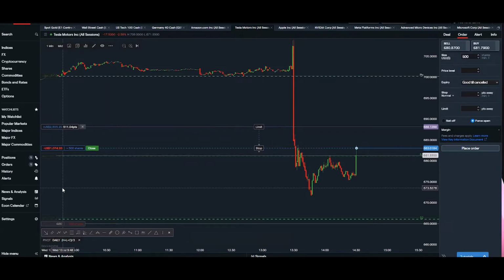So nowhere near as volatile as normal, which is to be expected, to be honest. There's going to be a lot of uncertainty with this huge drop off here.